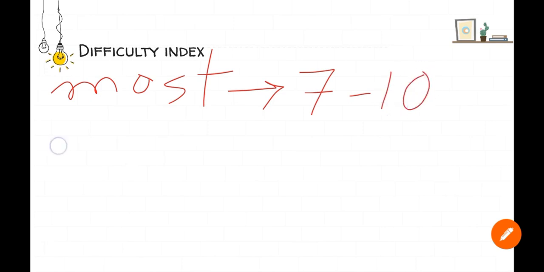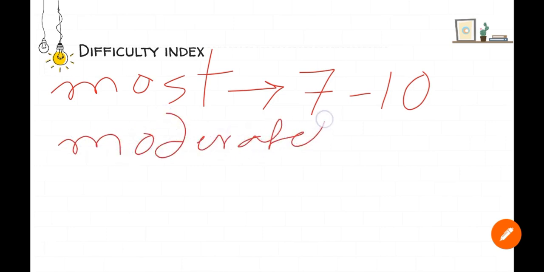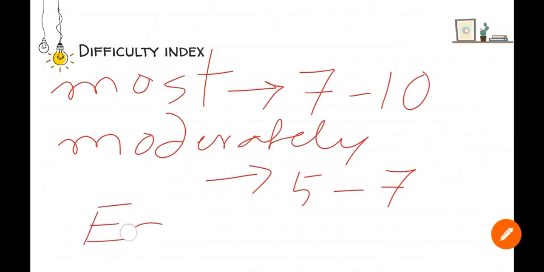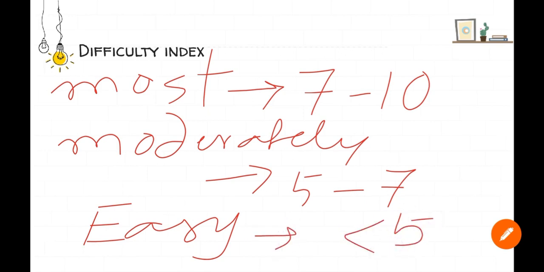Second, moderately difficult, value is 5 to 7, and easy will be less than 5. This was the difficulty index of Pederson. The most difficult is 10.